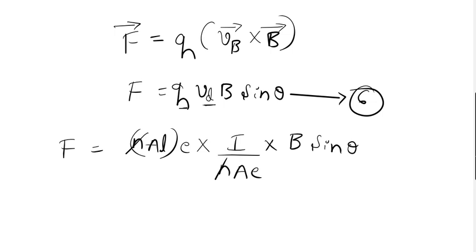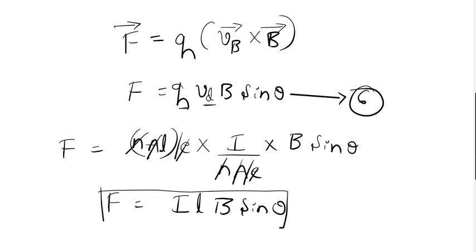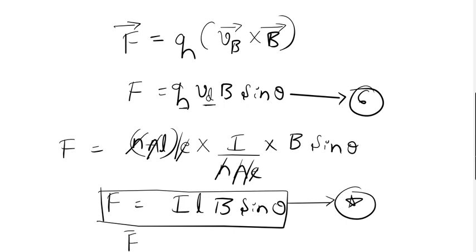Here n gets cancelled, A gets cancelled, e gets cancelled. The remaining terms are I L B sine theta in magnitude. This is the expression for mechanical force, or in vector form F bar is equal to I L bar cross B bar. This is the expression for magnetic force acting on the current carrying conductor in an external magnetic field.